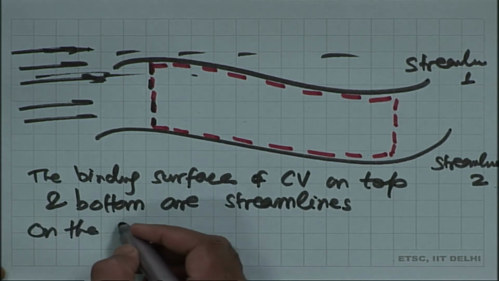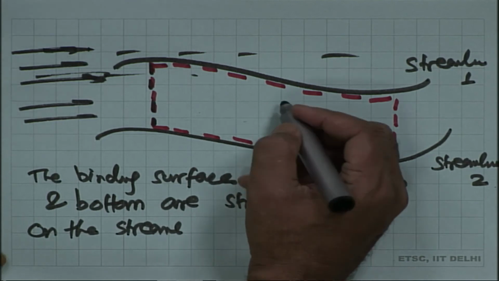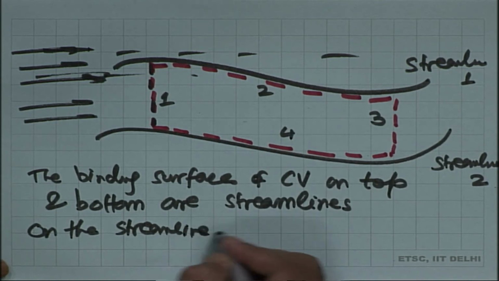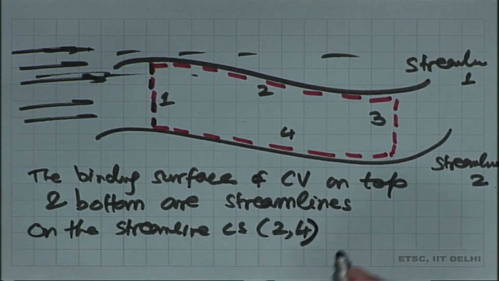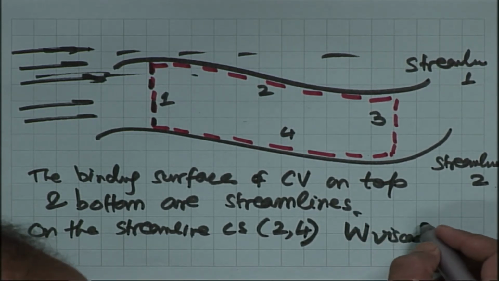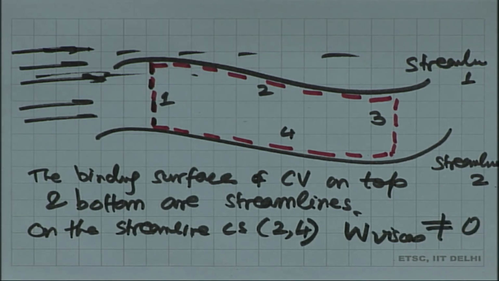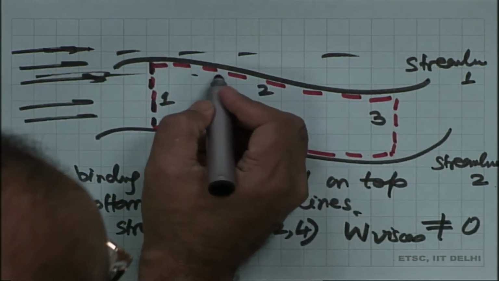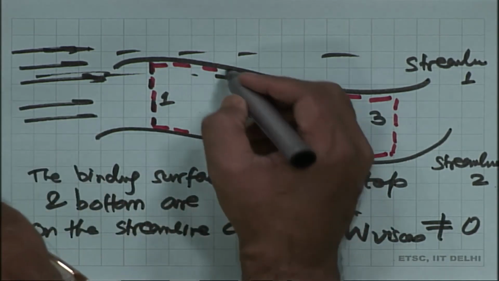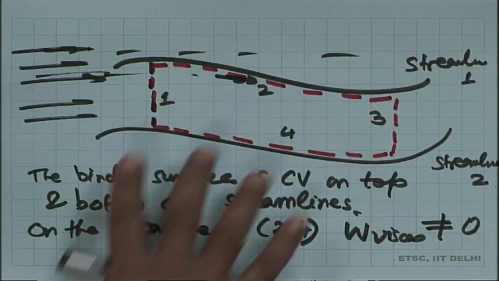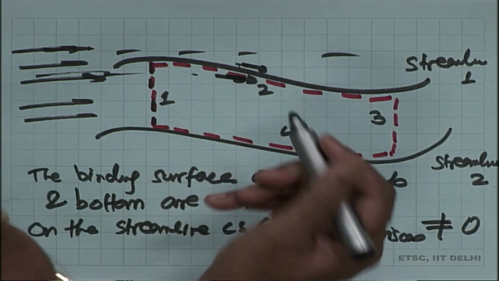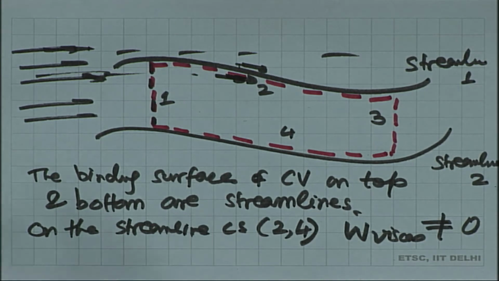On the streamline surface, let us call these surface 1, surface 2, surface 3, surface 4. On the streamline control surfaces, that is 2 and 4, work done by viscous forces in general will not be 0. Because velocity has to be along the streamline, there can be no normal component, but the viscous shear stresses now cannot be neglected and velocity is not 0.